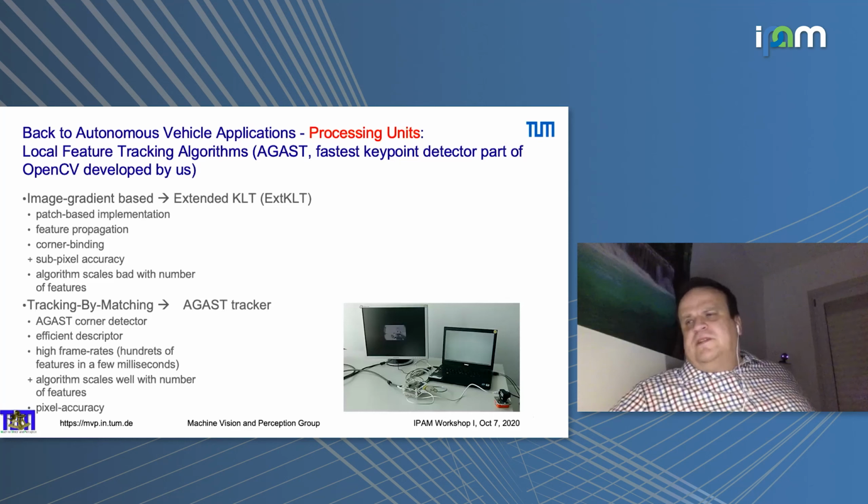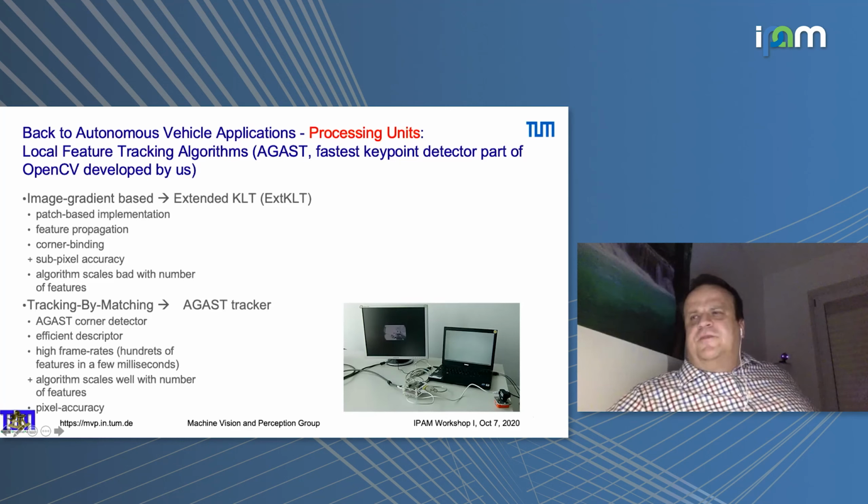Since this is also work of my students, I will mention them in the end. What we did here is we tried to run fast feature recognition on low power processors. This was an ARM5 CPU on the Beagle board, one of those cell phone CPUs 10 years ago.